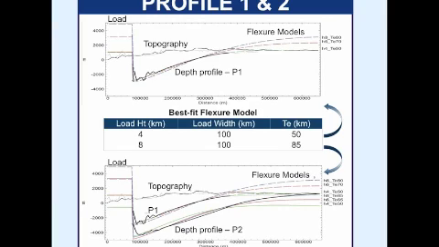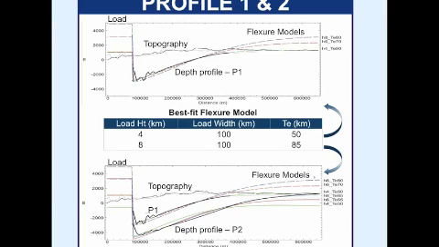Moving to the bottom here, I've plotted profile 1 and profile 2, so you can see how much the basin deepens towards the southeast. Profile 2 also has a red, blue and green line fitted to it, and the best fitting line is the blue model, which is a height of 8 kilometers and an elastic thickness of 85.